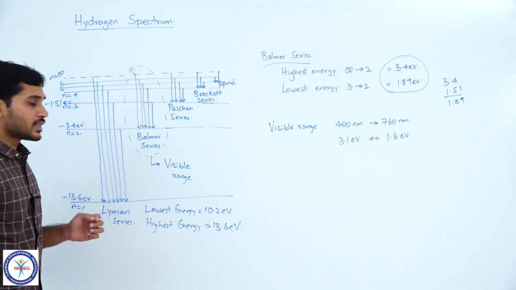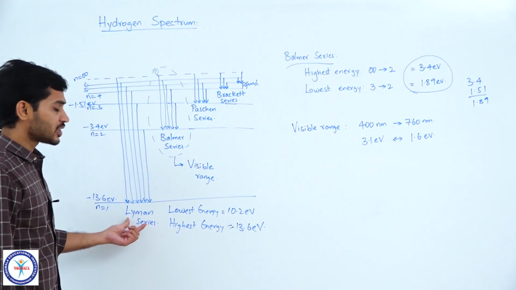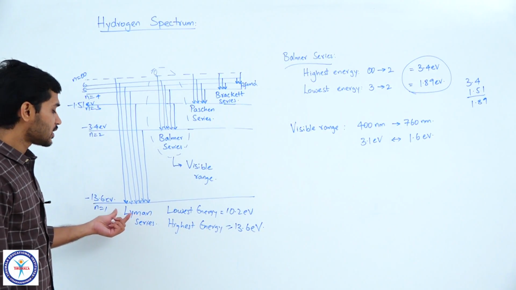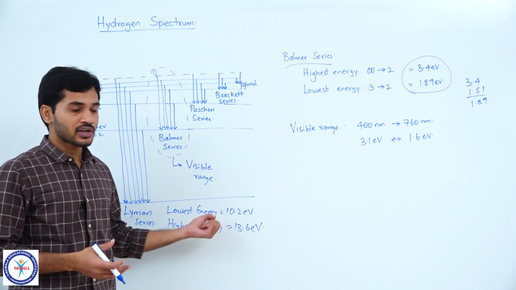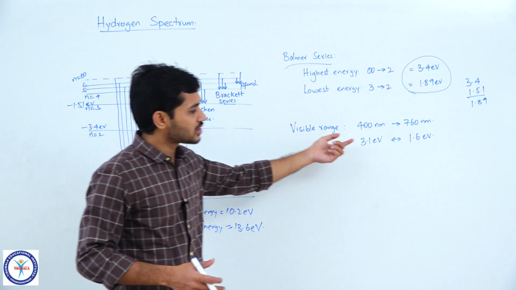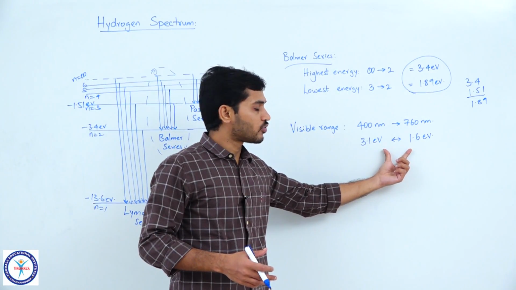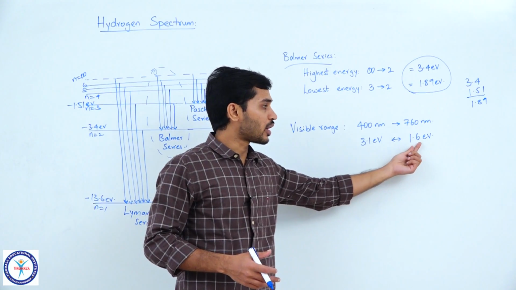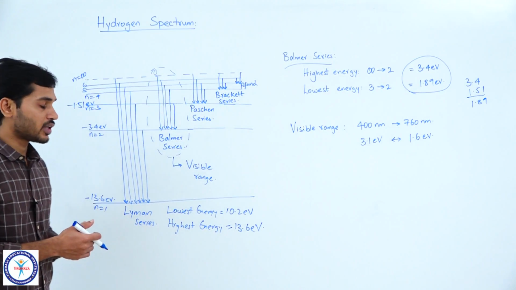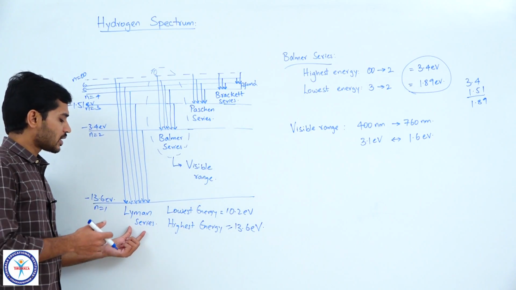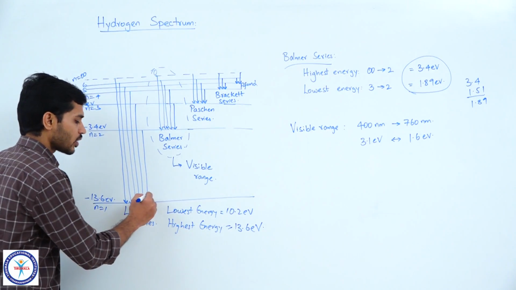So the range of energies of the Lyman series is far away from the visible range. The visible range only contains photons of energy 1.6 to 3.1, so Lyman is higher than that energy, and we can say the Lyman series lies in the ultraviolet region.